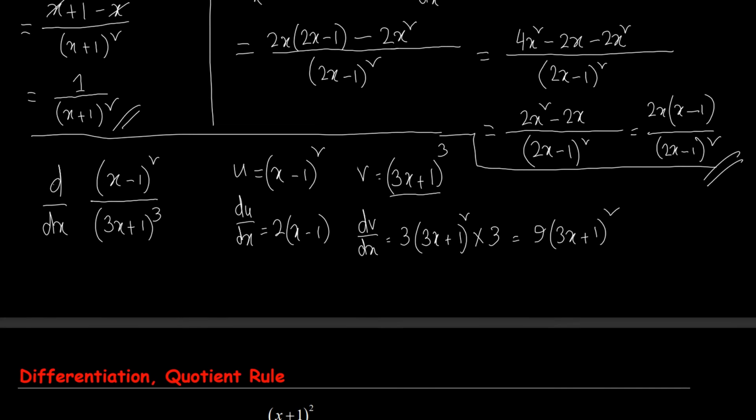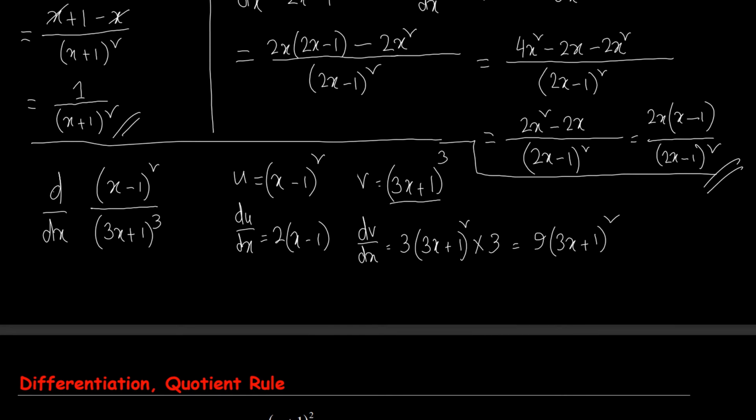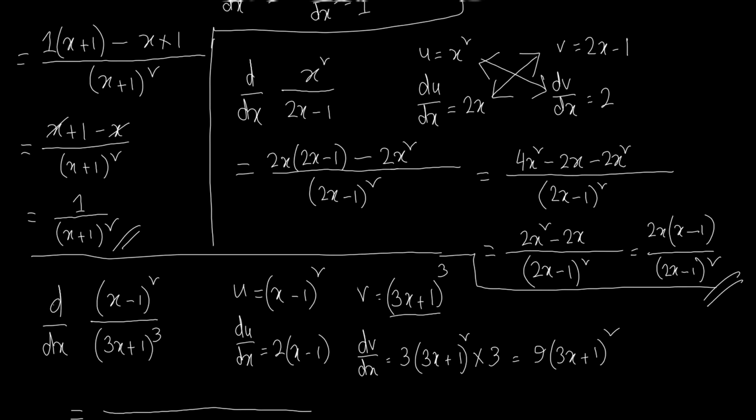Now let me apply the formula. The quotient rule formula is v du by dx minus u dv by dx.